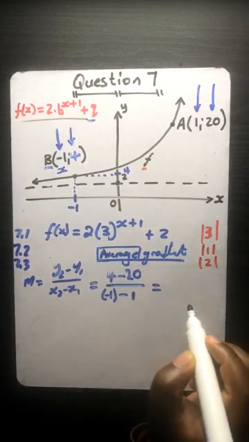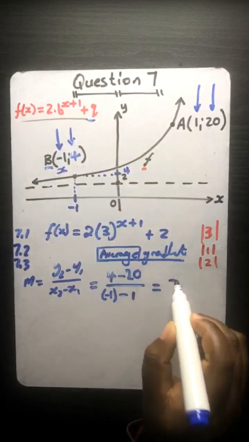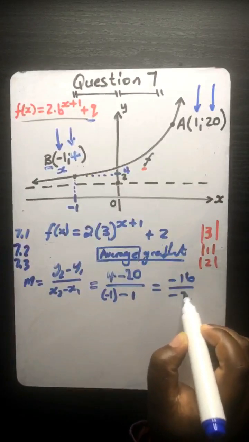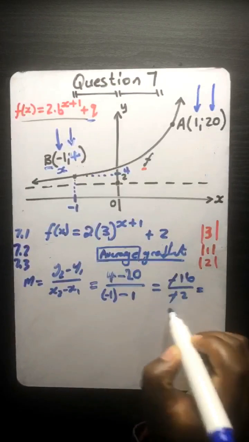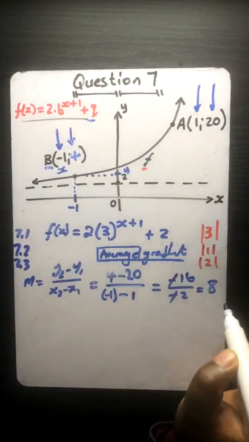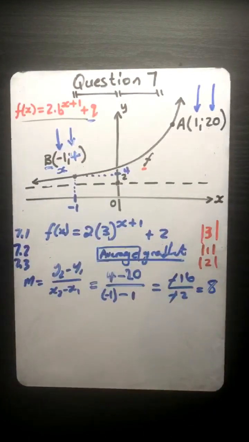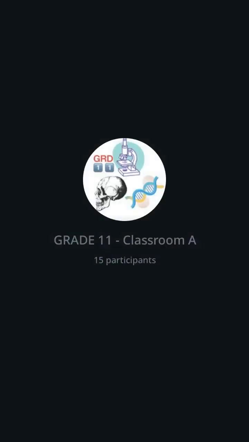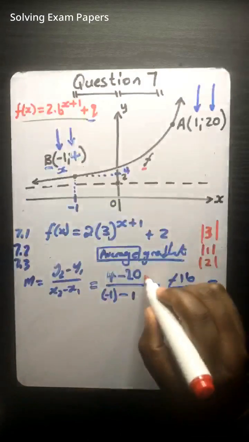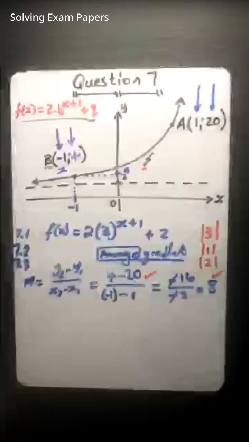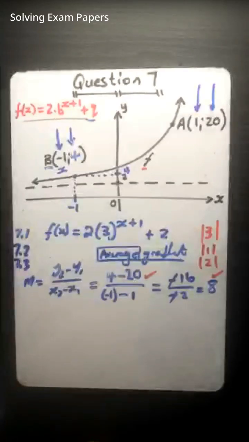What are we getting? I think we are getting -16 divided by -2, which is 8. Is this what you are also getting? Because if you get that, you will get 1 mark for correct substitution and 1 mark for the correct final answer.